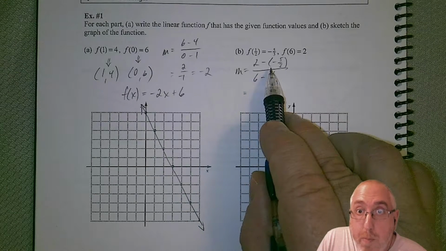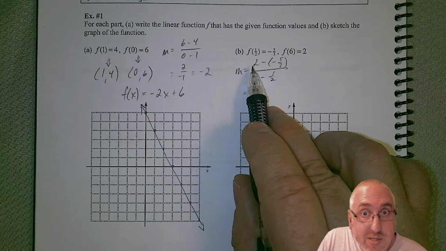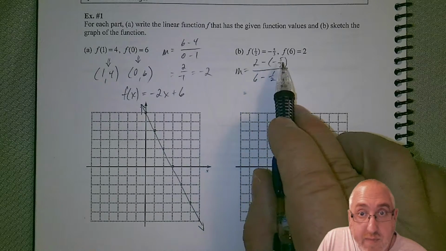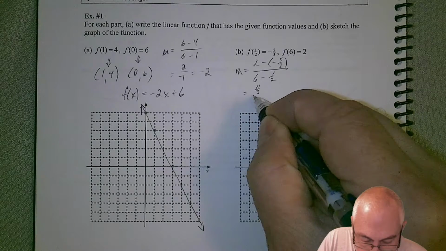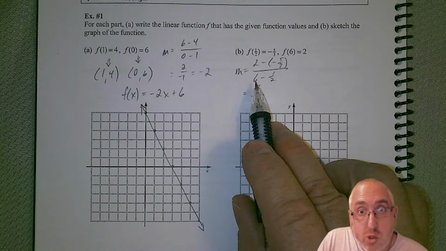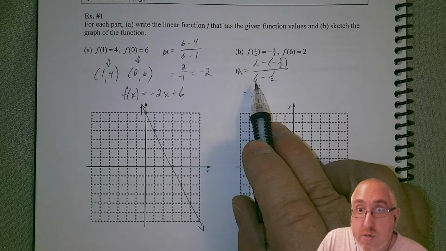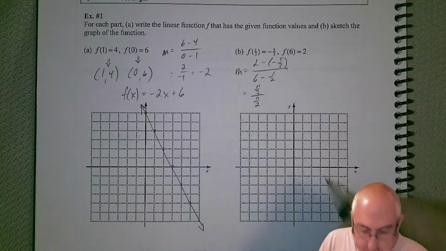So 2 plus 5/3. So 2 is the same as 6/3. So 6/3 and 5/3 is 11/3. And we want to divide that by 6 minus 1/2. Well, 6 is 12 halves. 12 halves minus 1/2 is 11 halves.